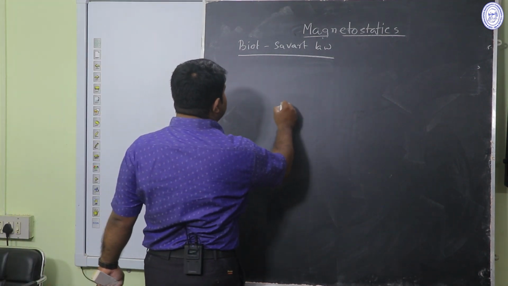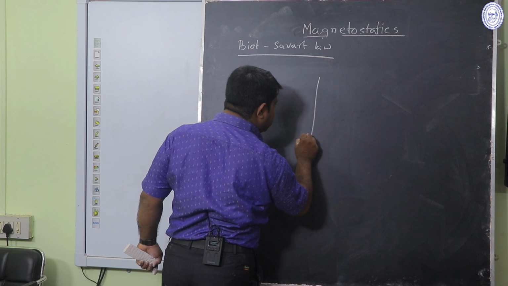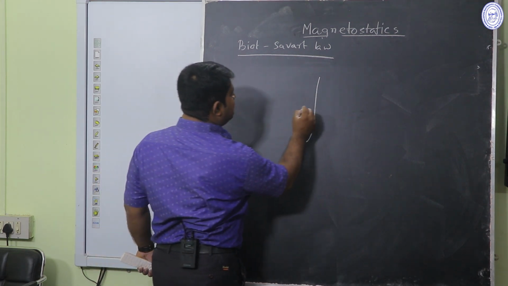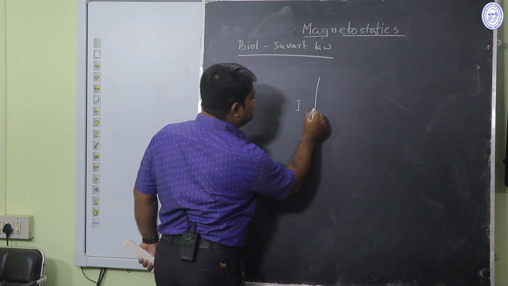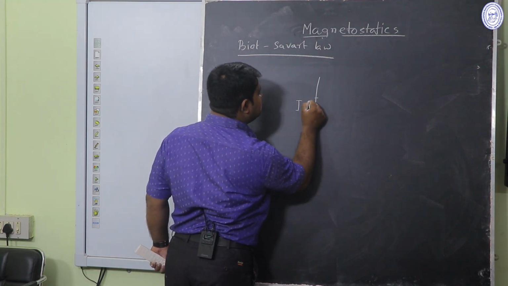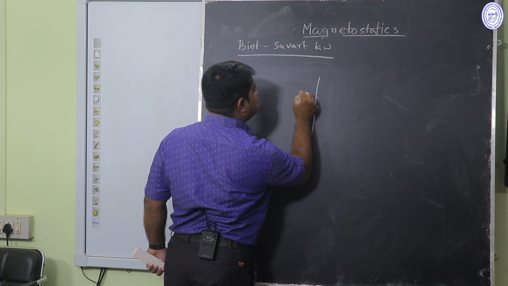Suppose we consider a current carrying conductor carrying a current I. We consider an elementary length dl on the conductor.